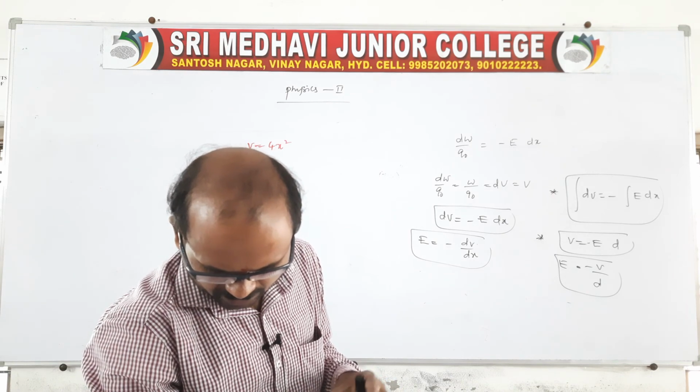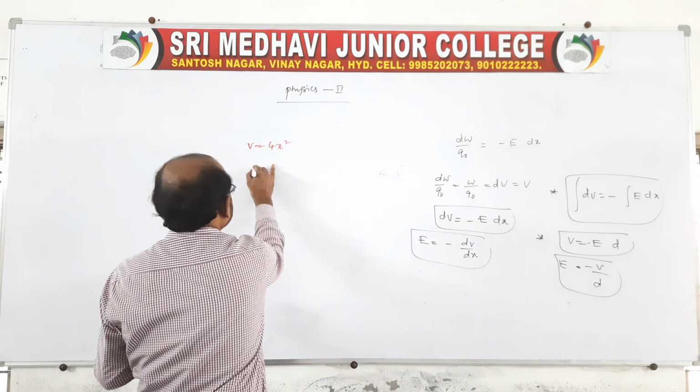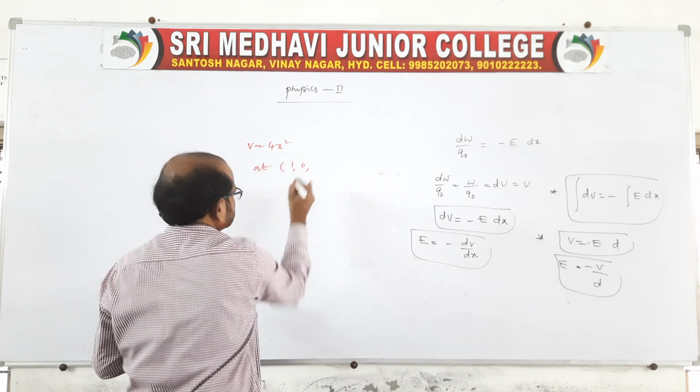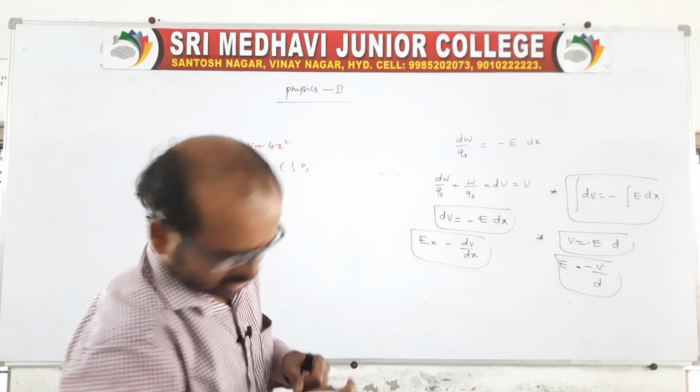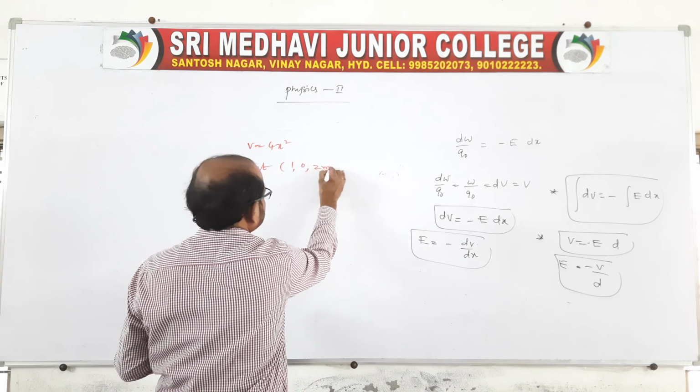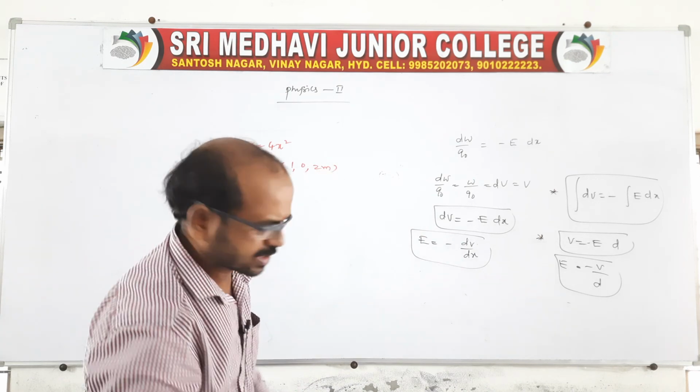Calculate the electrical field at the point 1 meter comma 0 comma 2 meter.